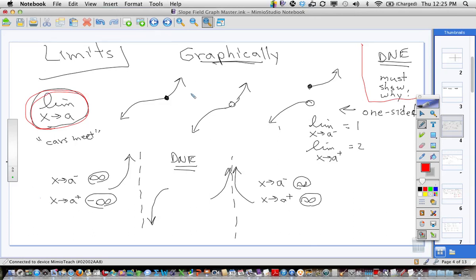I always think it's good to picture a graph when you're thinking about limits, even though when you're doing one of these, you're probably not thinking about what the graph is necessarily. But if you find a limit, then somehow the cars met, or there is a value that it is getting close to.